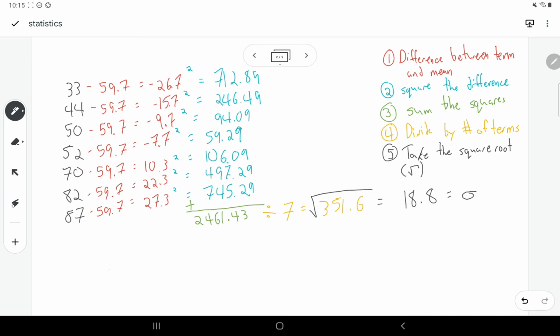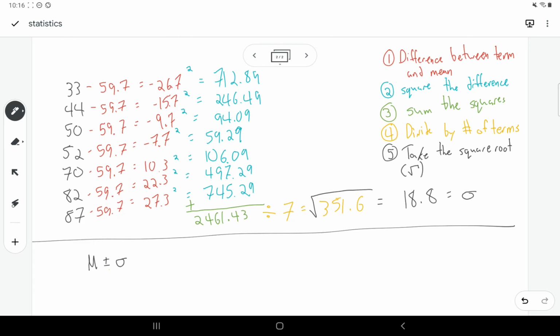Okay, now we've got a measure of how good this is, but what does it really mean? Well, if we want to look at that, just separating this off a little bit, we can write it in the form of the mean plus or minus sigma. So what that means is that the range of values falls roughly within this standard deviation, right?